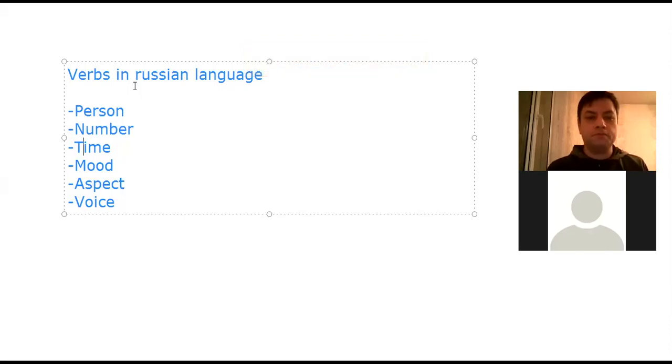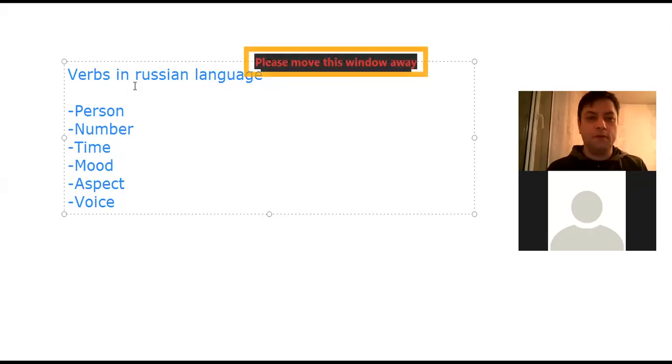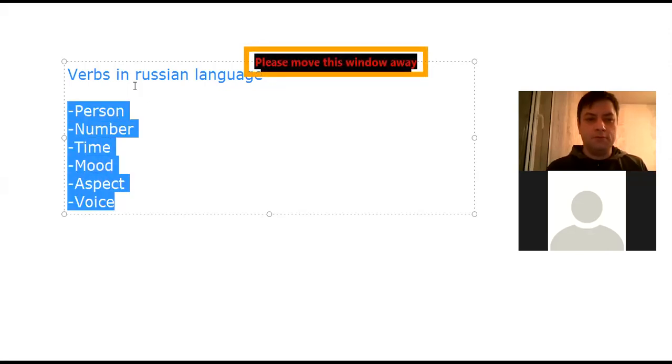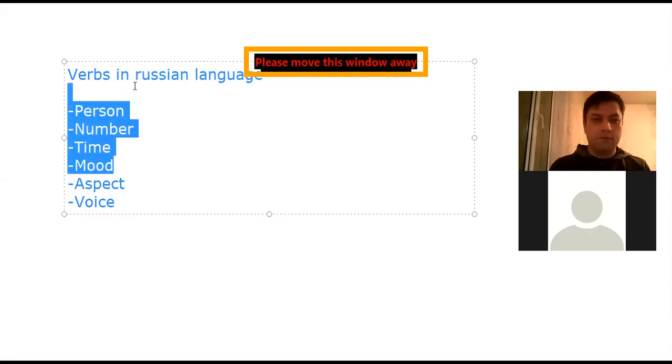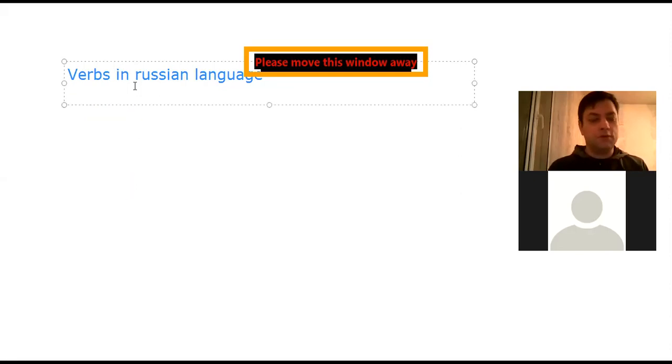Those features are encoded inside the verb. Sometimes a difference in one letter can make a big difference in meaning. In this course, we are only able to touch very basic things.